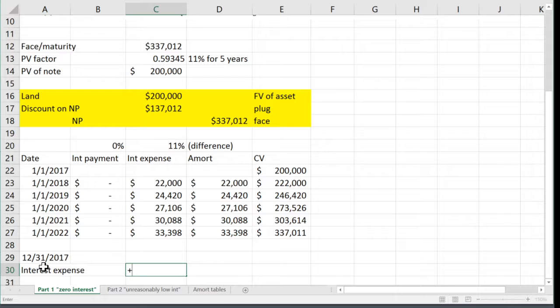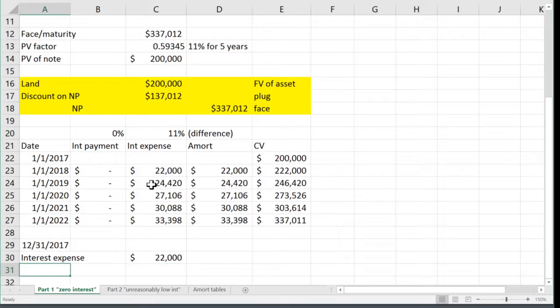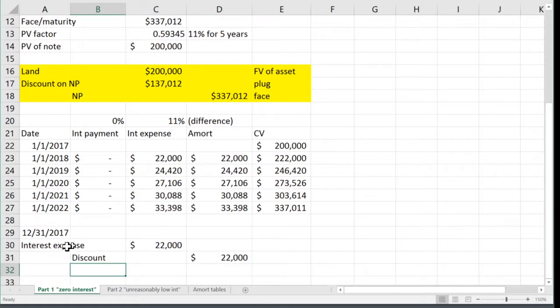We're going to record interest expense of $22,000, and we're going to reduce our discount by the same $22,000. And every period after that, we're going to make this same journal entry. So at the end of every year, we're going to amortize whatever this line item is. This is going to be our expense, our amortization. Notice there's no cash payment because it's zero payment, or zero interest.